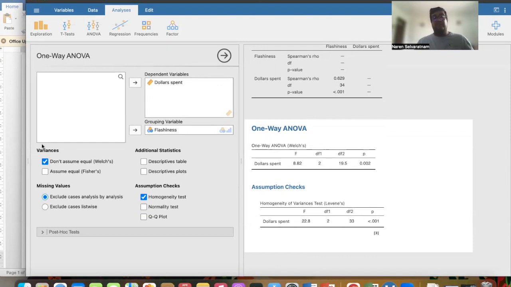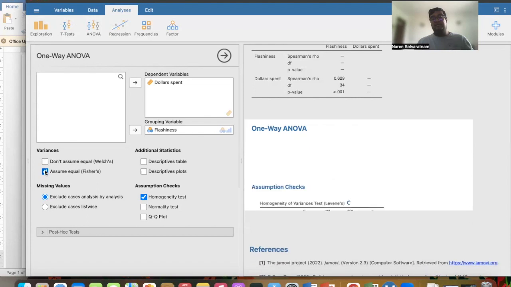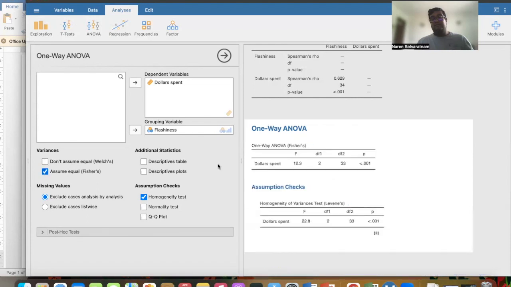So when you want to run an ANOVA, they ask whether variances need to be assumed or not. If I assume the variances, the F value changes, and also the DF2 has now changed as well. It is still significant, but the DF2 changes. But this has no equal variances.